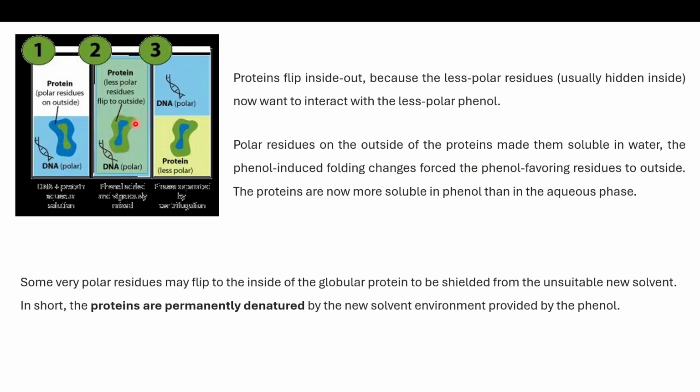In this case, the green one comes outside, the hydrophobic or phenol favoring residues. So the proteins are now more soluble in phenol than the aqueous phase. Some very polar residues may flip to the inside of the globular protein to be shielded from the unsuitable new solvent environment, which is less polar. So in short, the proteins are permanently denatured by the new solvent environment provided by phenol.